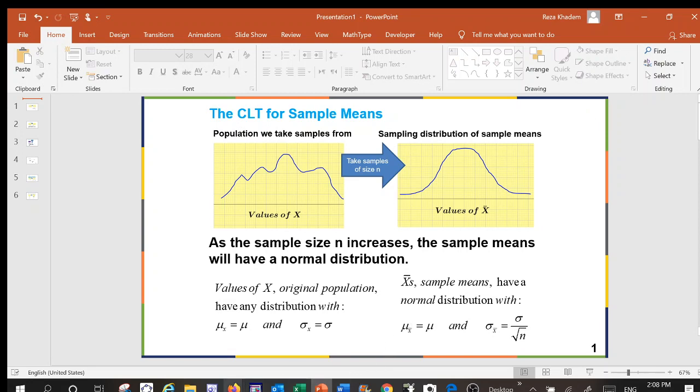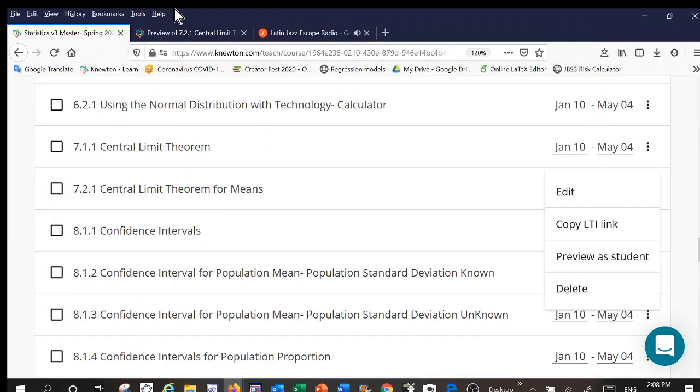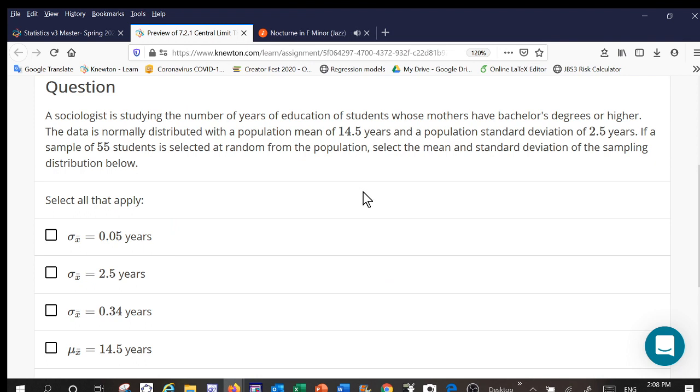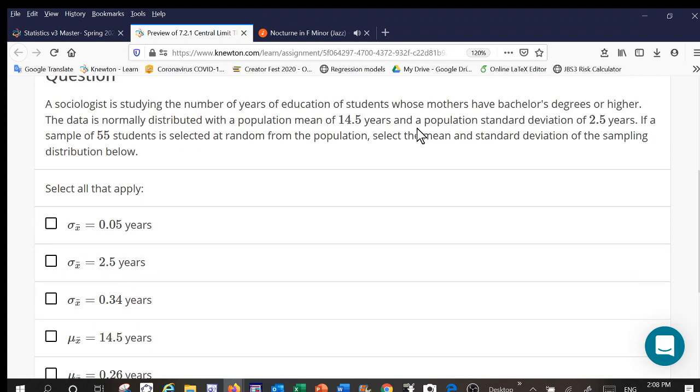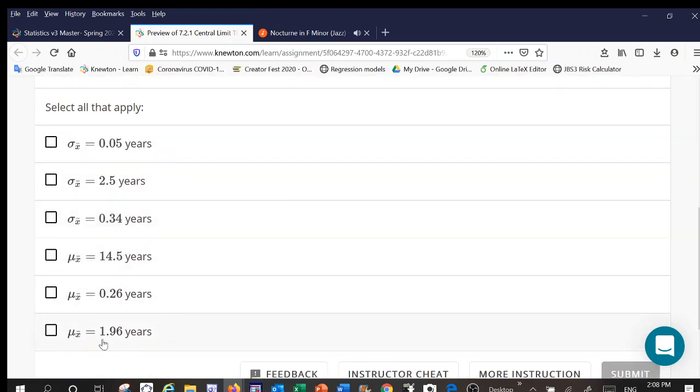So let's do that similarly. What do we have to do here? Well, we know the mean would be the same as the population mean, where is the 14.5, right? So the mean has to be 14.5. So this has to be correct.